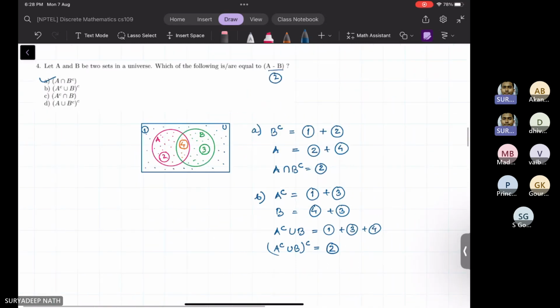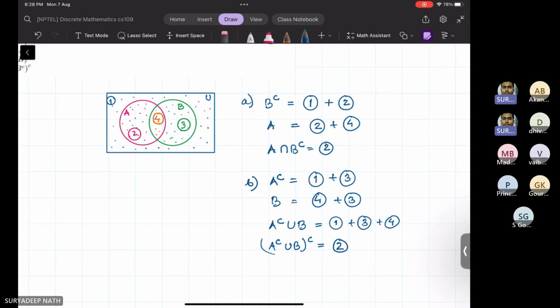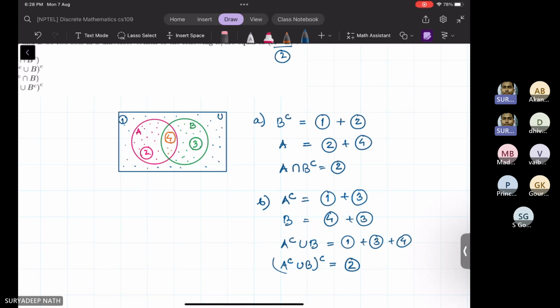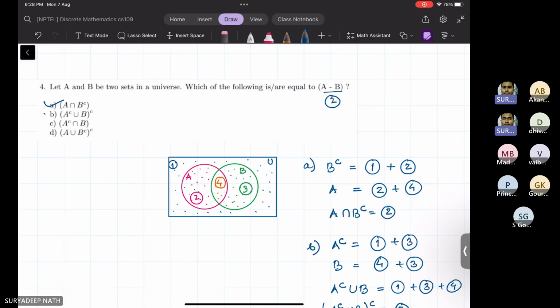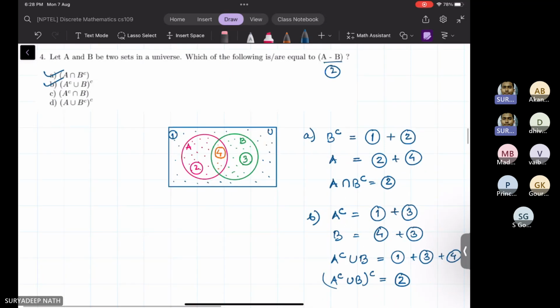So you see, A complement union B whole complement would also leave us with region 2. So option B is also correct for this question.